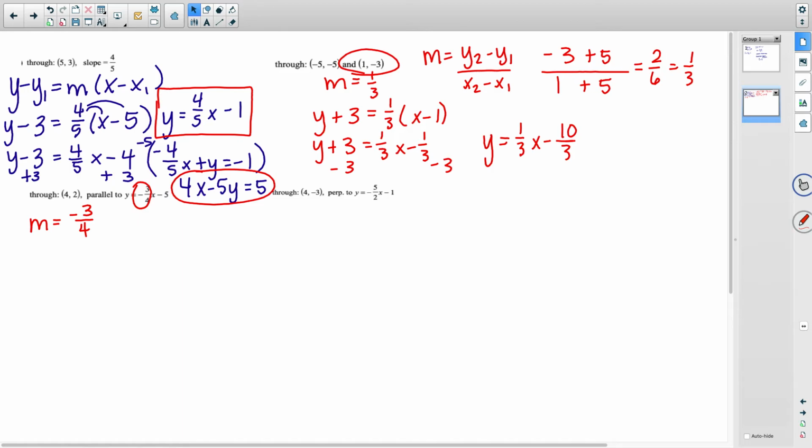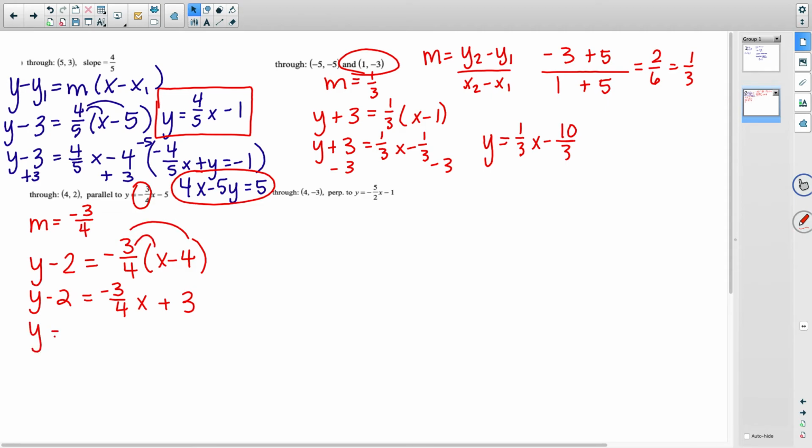And it goes through the ordered pair 4, 2. So you're going to say y minus 2 equals negative 3/4 times x minus 4. Y minus 2 equals negative 3/4 x plus 3. You're distributing this out. Y equals negative 3/4 x plus 5. So you're moving this 2 to the other side.